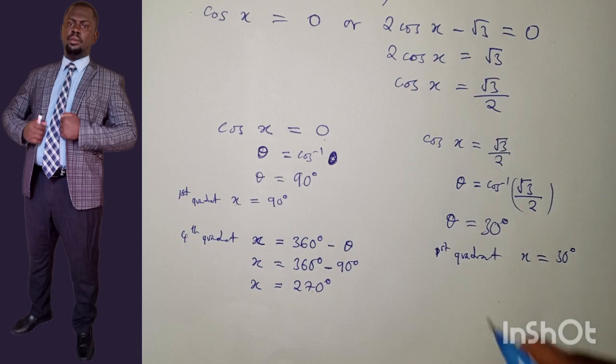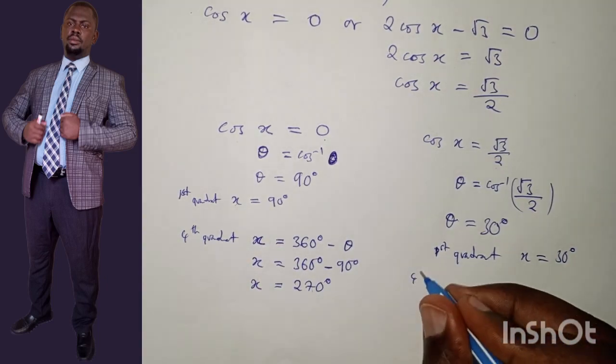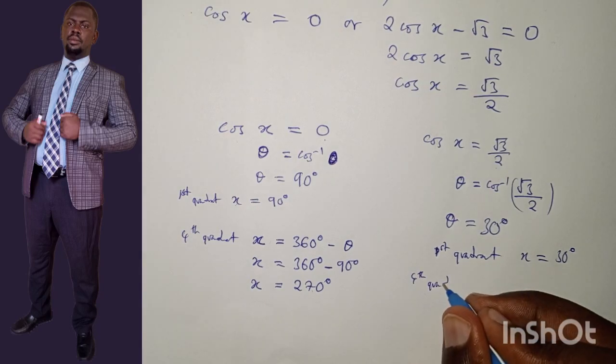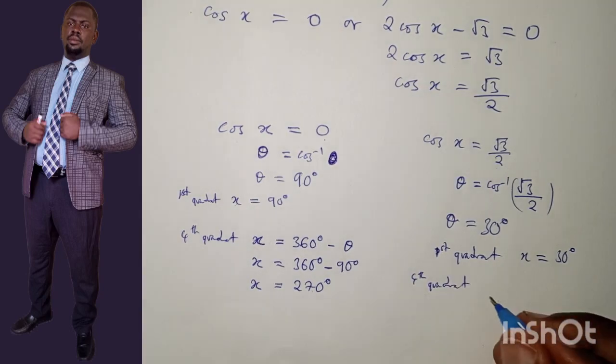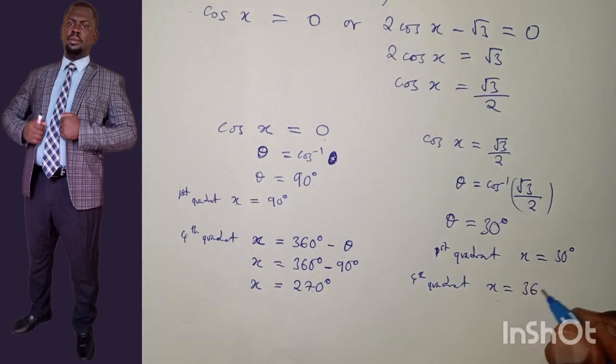So we go to the fourth quadrant, like we did here. In the fourth quadrant, x is equal to 360 degrees minus theta, and theta, the angle in the first quadrant, in this case is 30 degrees.